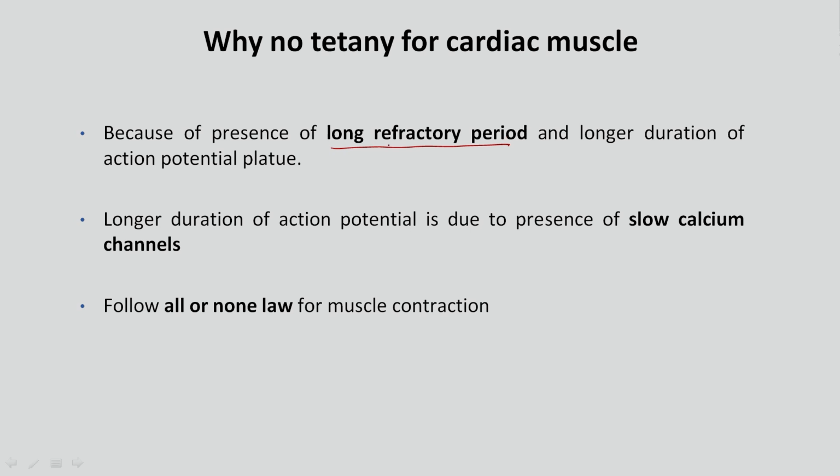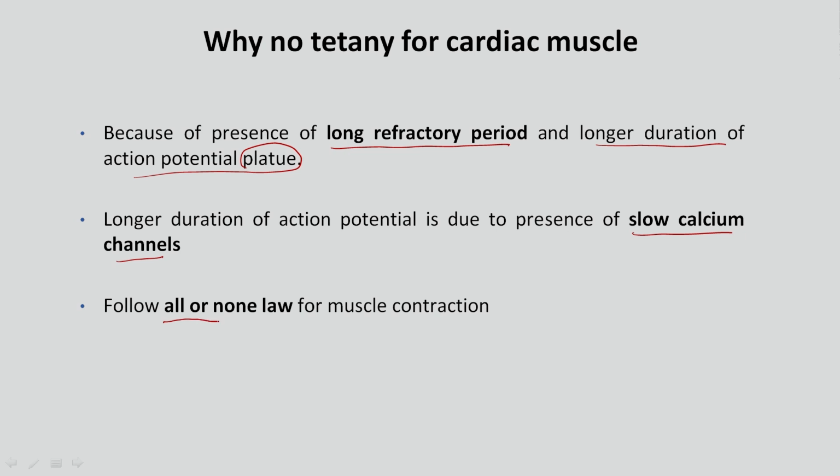Because of the long refractory period and also the longer duration of the action potential, with a plateau, they do not get tetanized. One stimulus comes, and once it is over, they do not receive another stimulus. This longer duration of action potential is due to the presence of slow calcium channels.